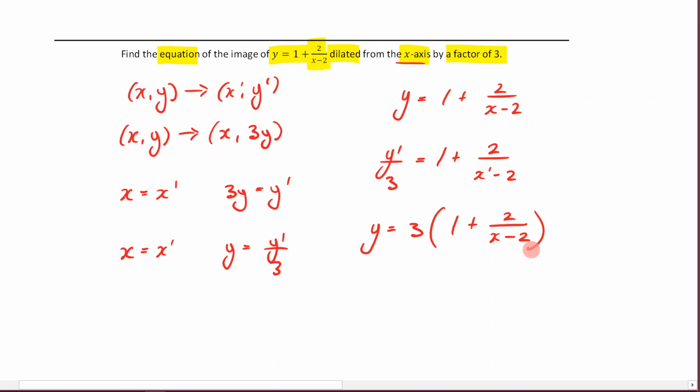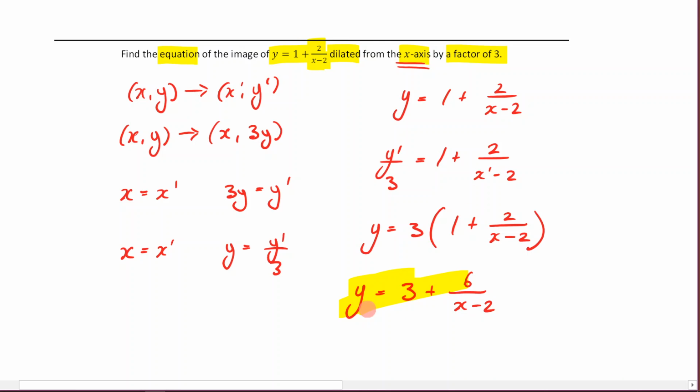I drop the dashes, and as you can see, I'm multiplying my original equation by 3. And that's what I said would happen when we're dilating from the x-axis: you take your equation and you multiply it by that factor. So our final thing, if we distribute this out, is going to be 3 plus 6 over x minus 2. That is going to be our answer.